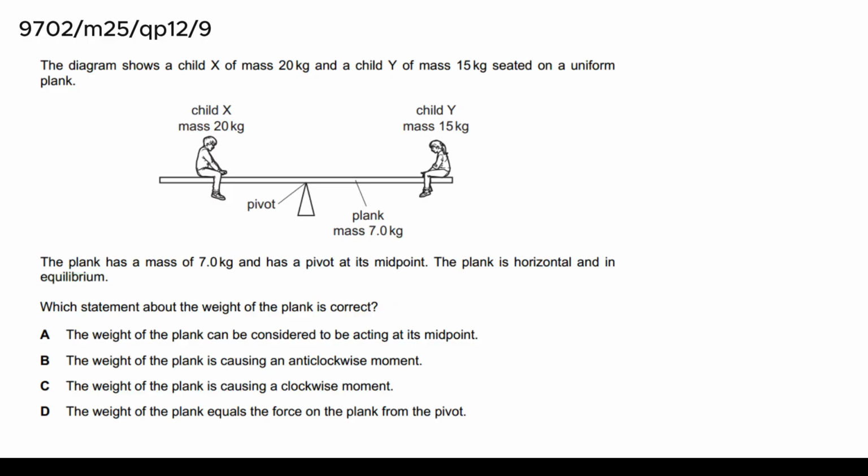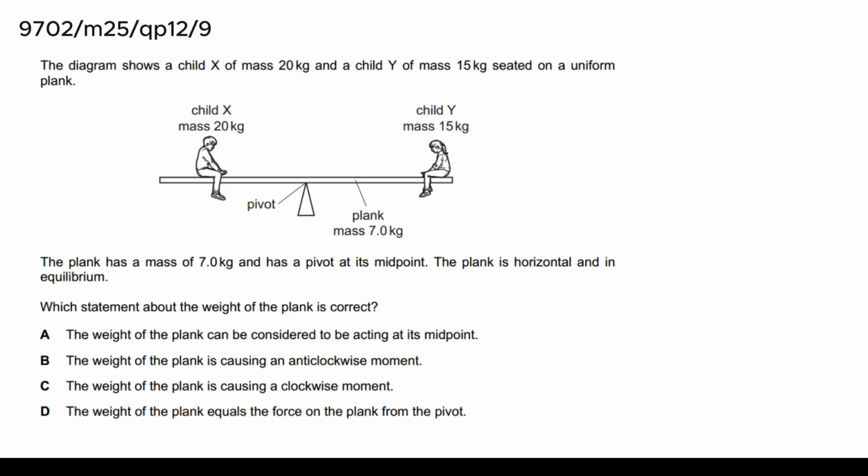Which statement about the weight of the plank is correct? This one tests whether you really understand how a uniform plank behaves in torque calculations. The plank is uniform, so its center of mass acts exactly at the geometric center, which is the midpoint, exactly at the pivot. Let's look at the options one by one.